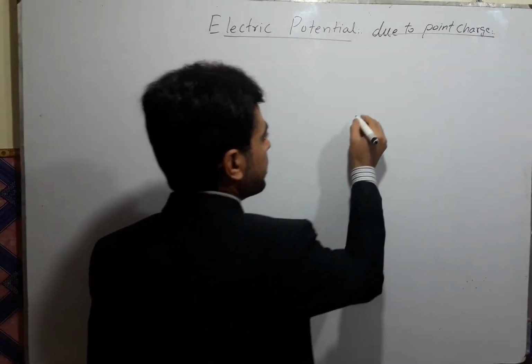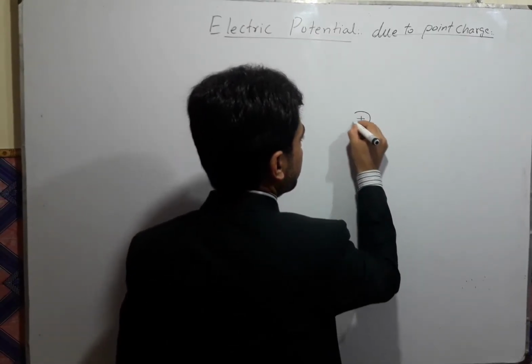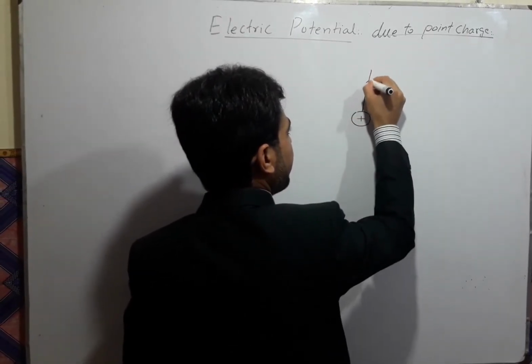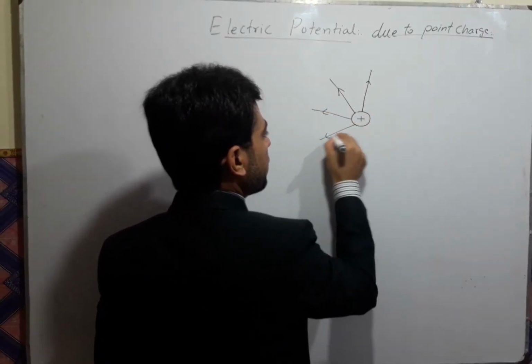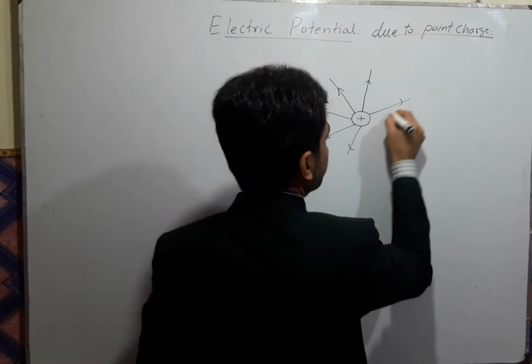So let us consider the positive charge, and the direction of electric field lines is always radially outward from a positive charge.